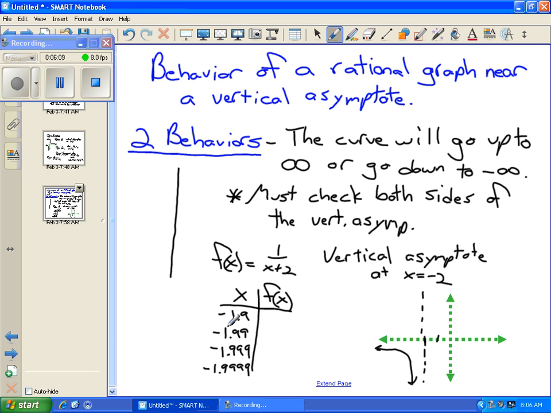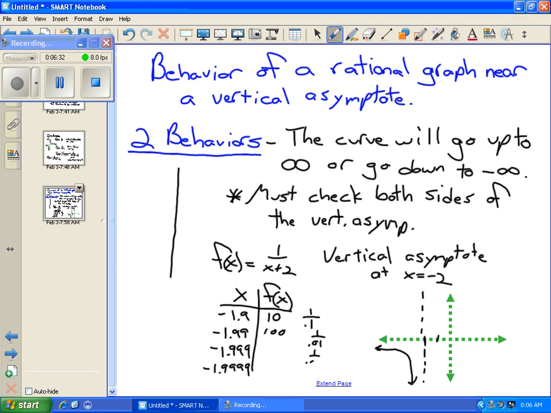So if I plug negative 1.9 in here, I get 1 over positive 0.1. That's positive 10. For the next one, I would get 1 over 0.01, which is 100. The same thing is going to happen, except I have positive numbers.